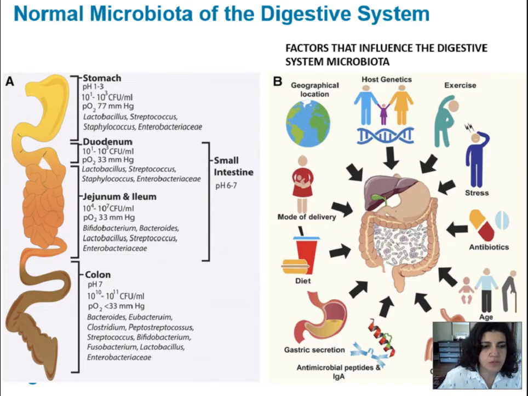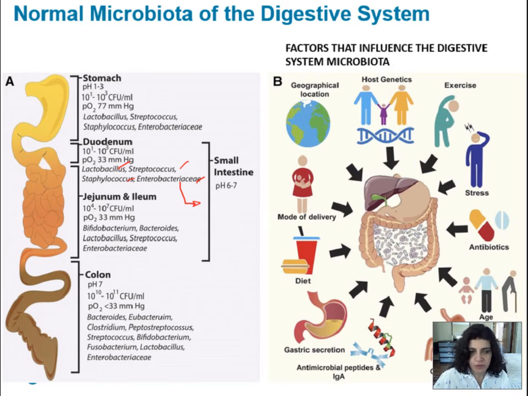Other bacteria present in the microbiome: in the duodenum, lactobacillus, streptococcus, staphylococcus, and enterobacteriaceae. Let's remember who the enterobacteriaceae are. The main ones: Escherichia coli, Klebsiella. We can also have Salmonella, Enterobacter, Shigella, Proteus, and Serratia.